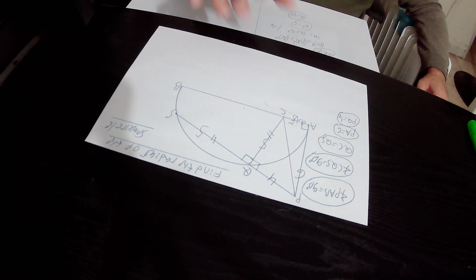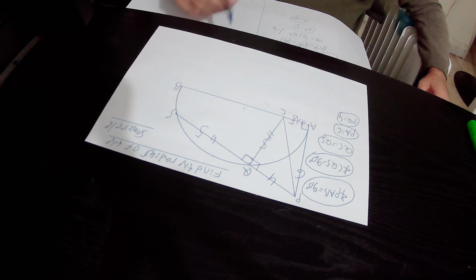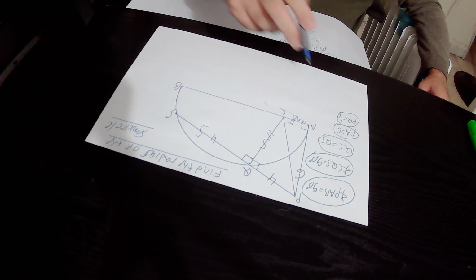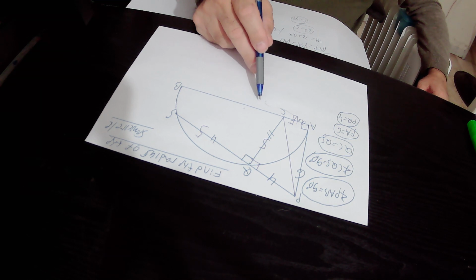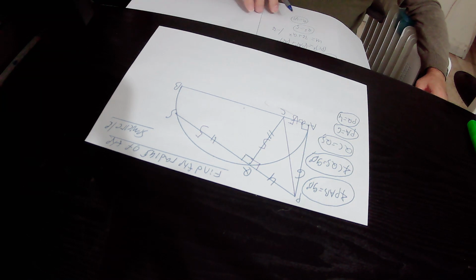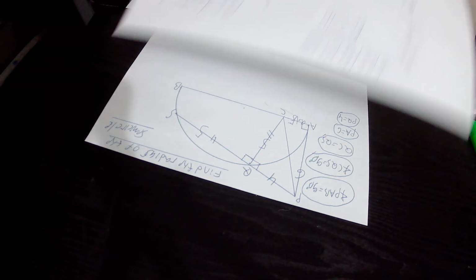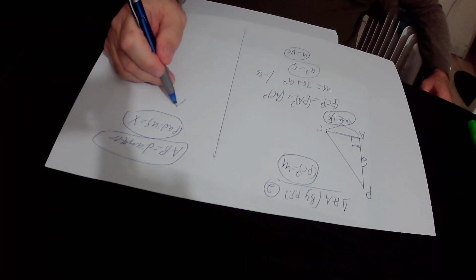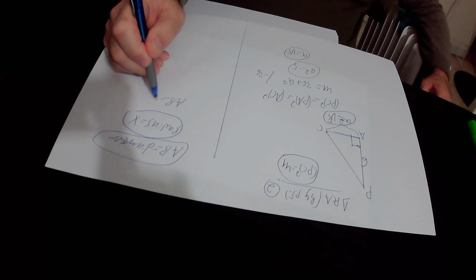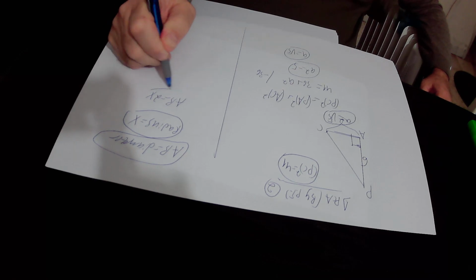We define the radius of this semicircle as x. And because the radius of this semicircle equals x, the diameter must be equal to 2x. That is to say, AB, that is the diameter of the semicircle, must be equal to 2x, 2 times the radius.